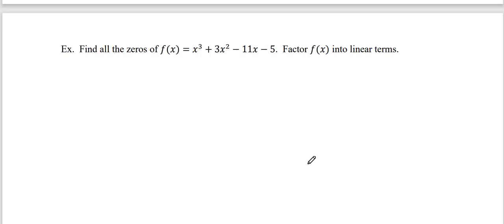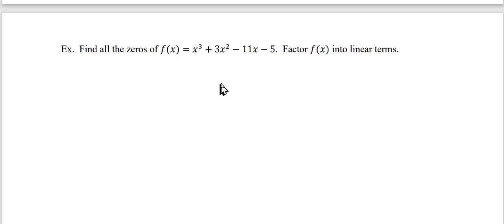The first step above is to use the rational zeros theorem to find the possible rational zeros. Actually, the first step really is, can you factor it using some other technique that might be easier or more straightforward that you previously knew? I look at this, and when I see four terms, I think maybe factoring by grouping.